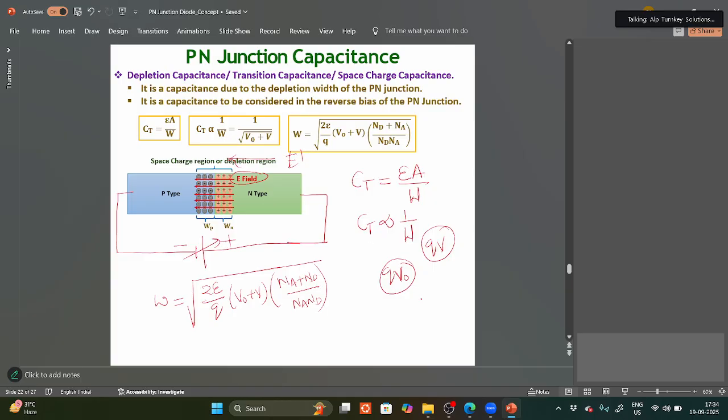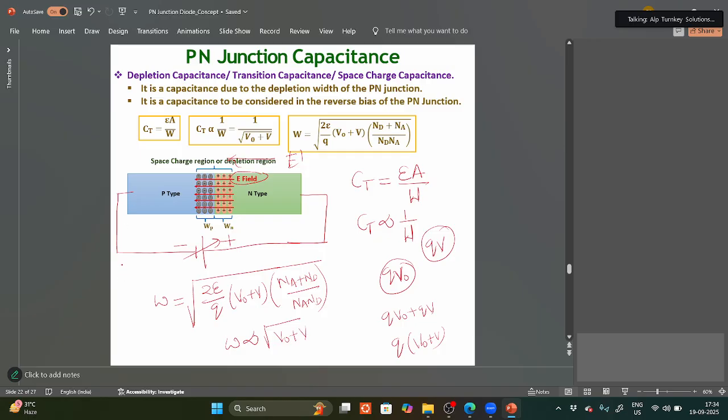This is E dash, which we already discussed. So that means q into V0 plus q into V. If you take q common, you get V0 plus V. So from this you can say that W is directly proportional to the square root of V0 plus V.